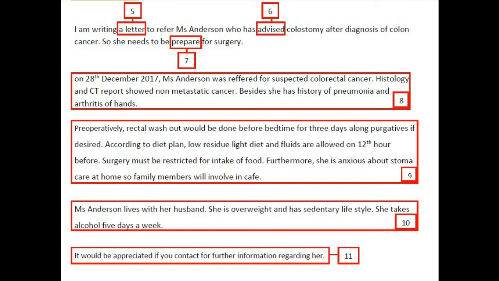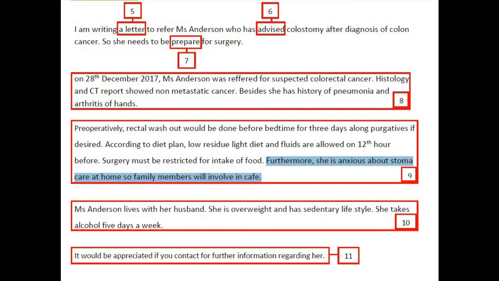The second and third sentence is meaningless and it should have been framed as, according to diet plan, low residue light diet and fluids are allowed on 12th hour before the surgery and intake of food is restricted. Coming to the last sentence, we can again see the improper organization of sentence. This candidate has pulled out very different types of information and pulled together in one paragraph.